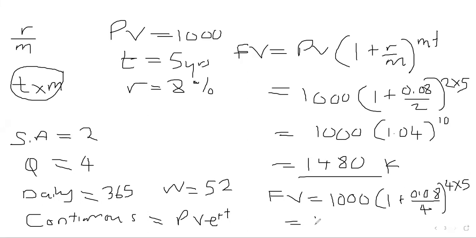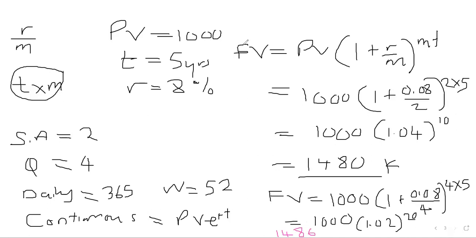So you're going to have 1000 times 1.02 to the power 20. We're going to get 1460. So you're seeing the more we compound, the higher the figure. 1486, sorry. 1486.